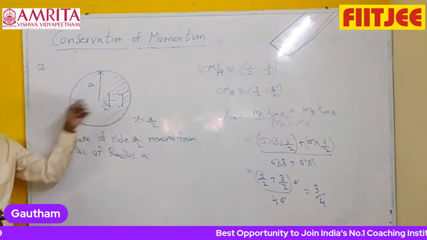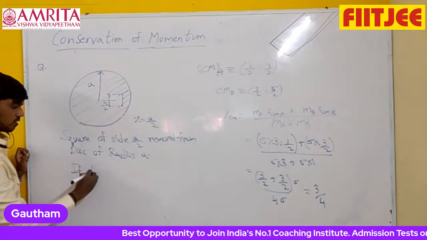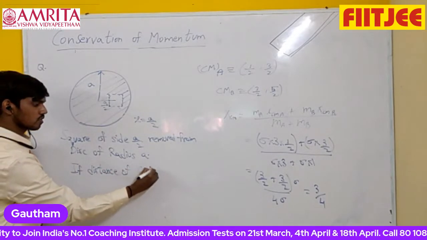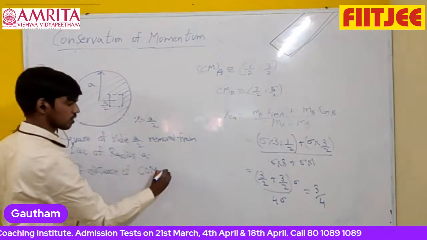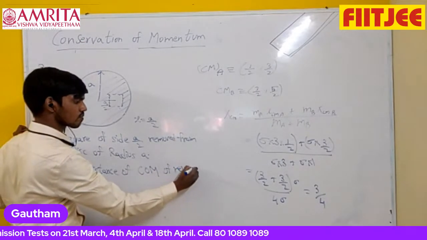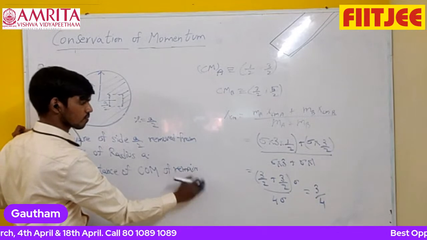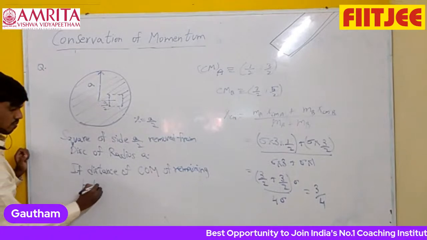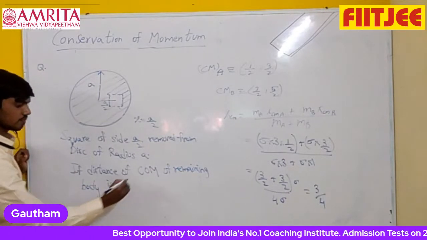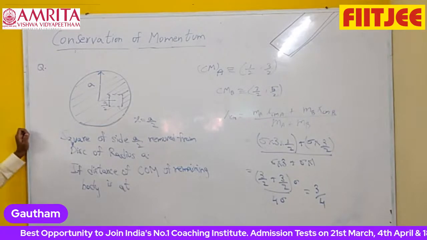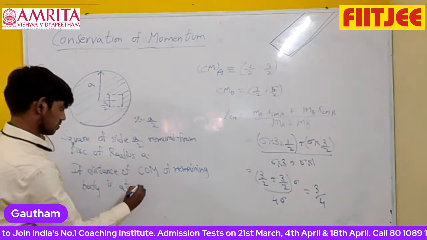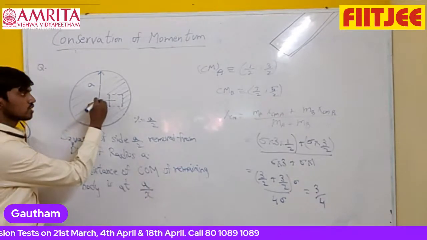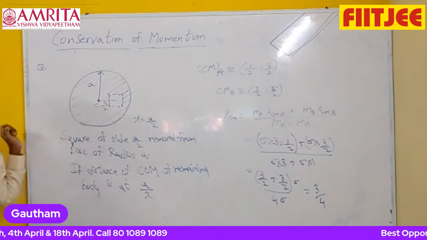So you have to find, if distance of center of mass, COM is center of mass of remaining body, is that a by some x? So distance from the center of the disk.